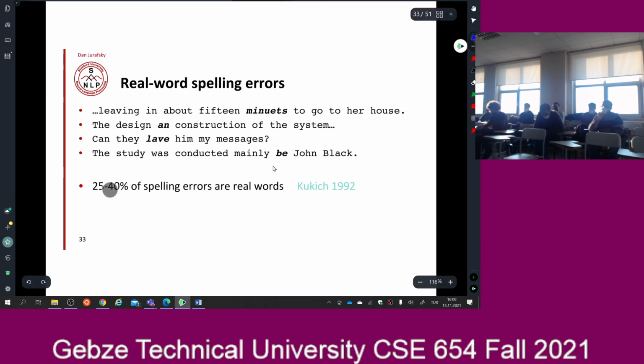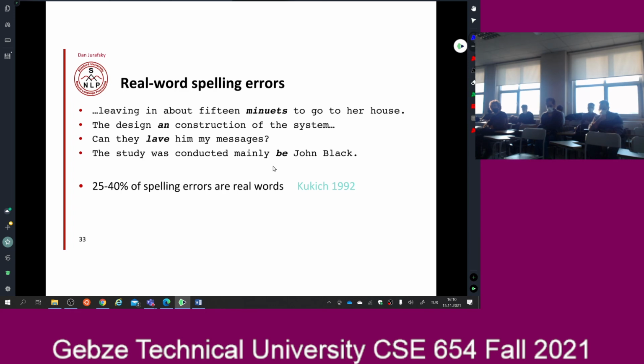Okay, so the bad news is that 25 to 40% of the spelling errors are real words, and usually in Turkish this number is even worse, because when you mistype a word, you usually type it wrong when you are typing the suffixes, because when you say olduğu, olmadığı, olduğundan, etc. If you just omit one of the syllables there, then your word will spell fine.